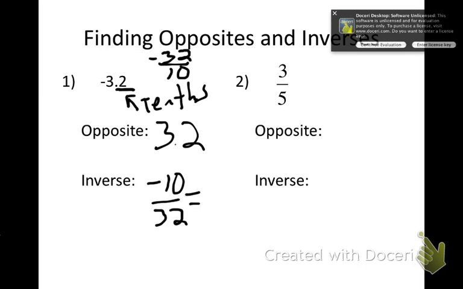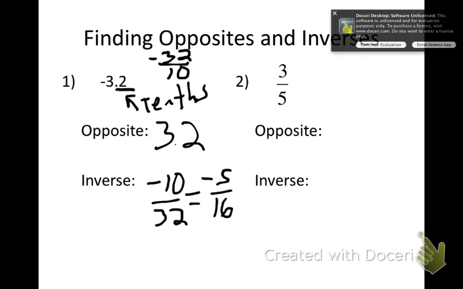And that can simplify, so I will simplify it. What does that simplify to, Shane? Very good. Correct. And again, the big thing there to remember is you cannot put a decimal in a fraction. You've got to change the decimal to a fraction first, then I can do the reciprocal.